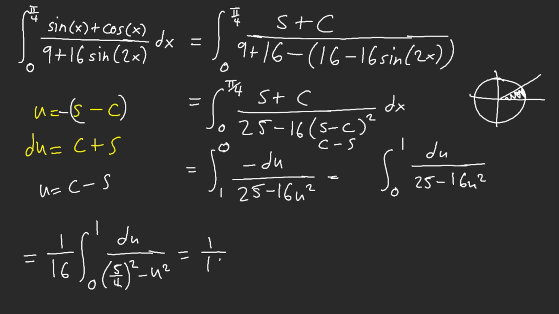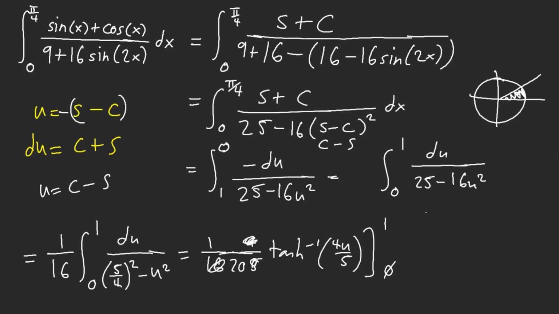So what we have here is 4/5 inverse tangent of 4u over 5. This is going to be 1 over 20. And then from 1 to 0, if we plug in 0, that's going to be 0. Inverse tangent of 0 is 0.